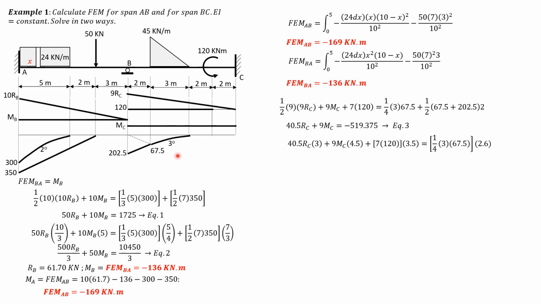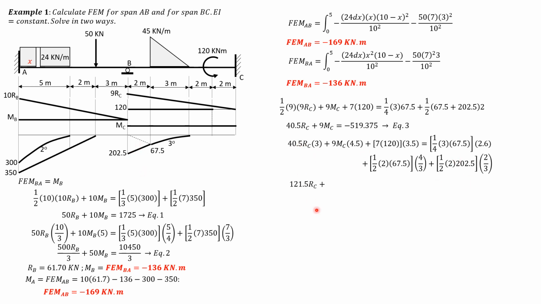Then equals, for the third degree curve, 1/4 of 3 times 67.5. The distance of the centroid from this end is 3 over 5 or 0.6, then plus 2, so 2.6. Plus, for this small triangle, 1/2 of 2 times 67.5 times 2/3 of 2, which is 4/3, plus this remaining triangle, 1/2 of 2 times 202.5 times 1/3 of 2, so 2/3.